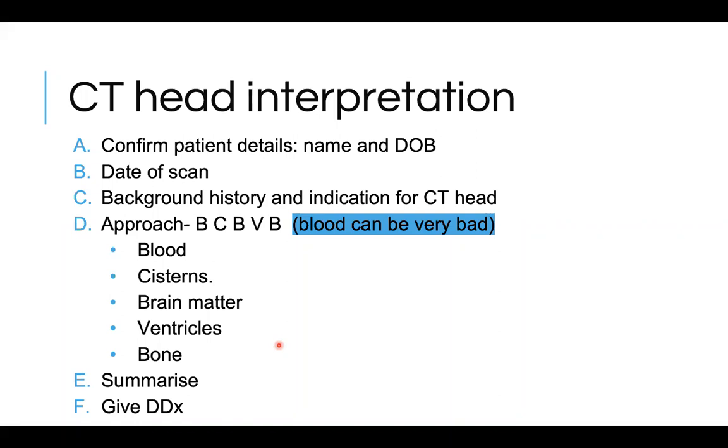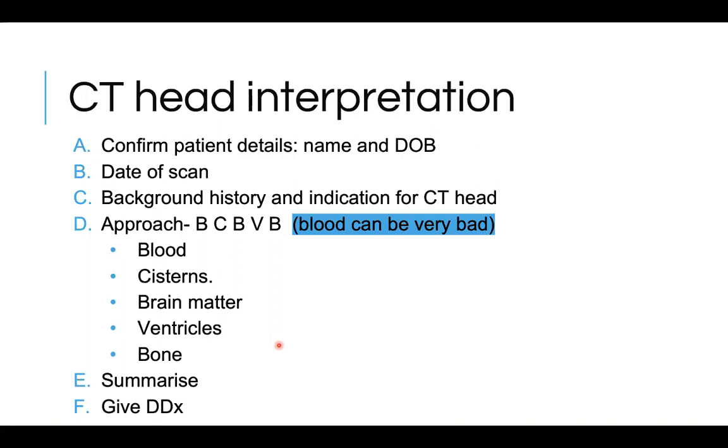A general approach, which I think is quite nice, is using the mnemonic blood can be very bad. So it's BCB, VB. So firstly, looking for blood, for presence of extra blood or blood where it shouldn't be. Then looking at the cisterns, the brain matter, ventricles, and finally the bone.